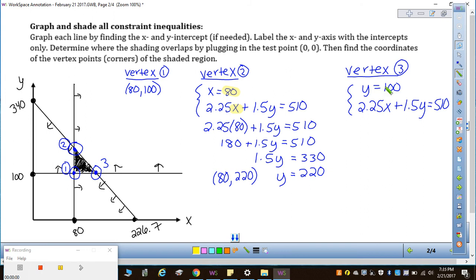All right, similar process as what we just did. We know that y is equal to 100, so we're going to plug 100 in for y into the bottom equation.